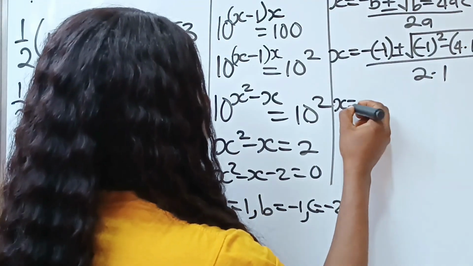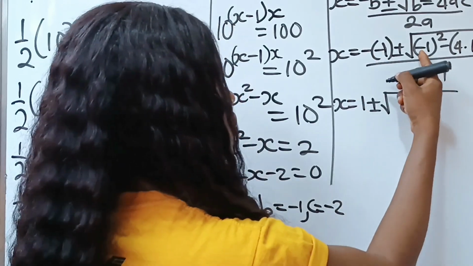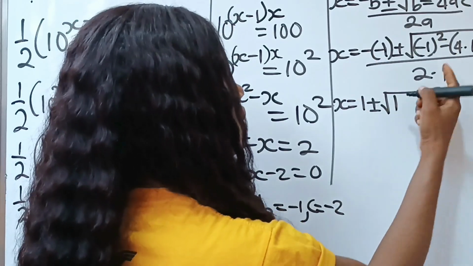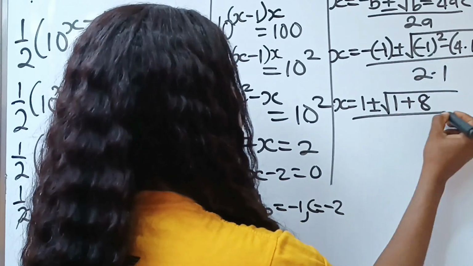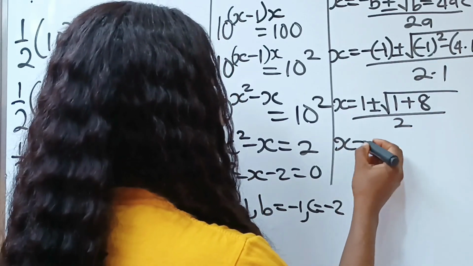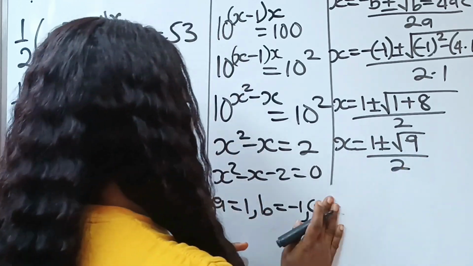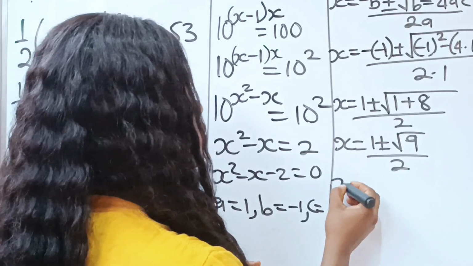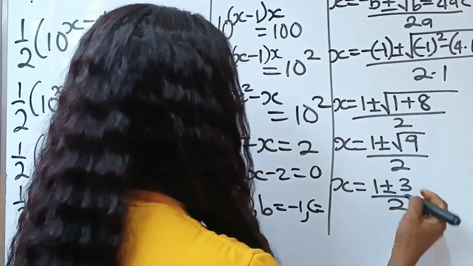So we have x is equal to minus minus is plus, plus or minus square root of minus 1 squared is 1, then minus minus is plus, and 4 times 2 is 8, divided by 2. So our x is 1 plus or minus square root of 9 divided by 2. Okay, so x is equal to 1 plus or minus 3 divided by 2, since our square root of 9 is 3.